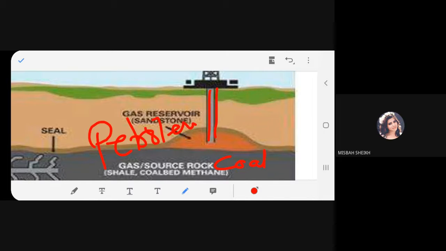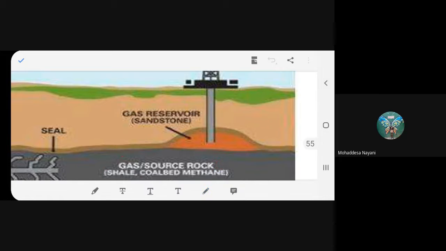That gas will tell me. If I'm getting gas, that means nearby, either I will get a pocket of petroleum or I will get a layer of coal. So this natural gas is an indicator that I have got a reservoir of either coal or petroleum. Is this clear? Now we come over here.